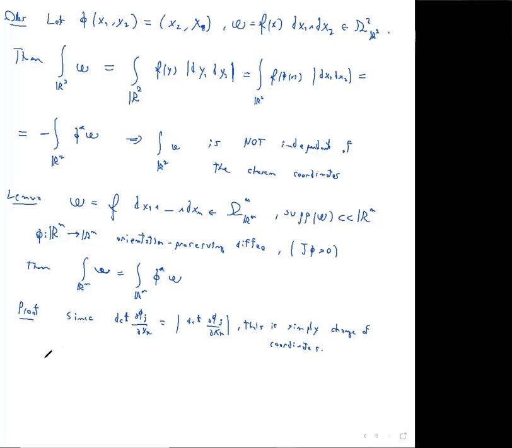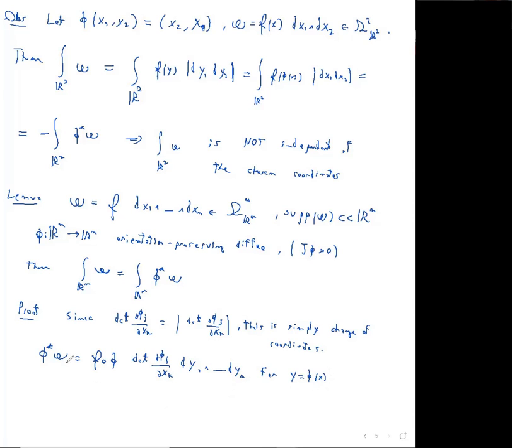Maybe just one more thing about this. Let's see this object in coordinates, because this we never did. If you write it, this is basically f composed with phi, then you put this determinant, and here you put dy1 wedge dyn, and y here is the image of phi.